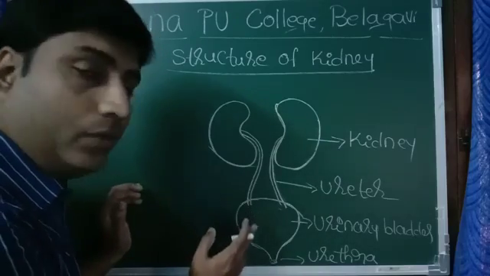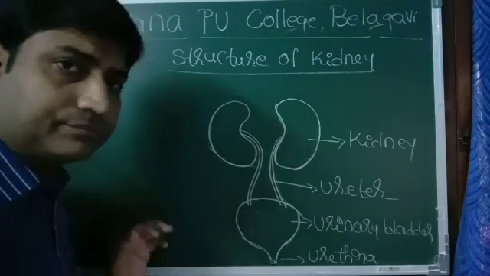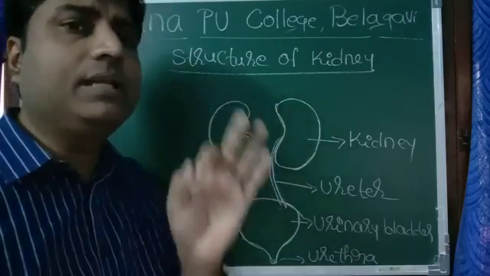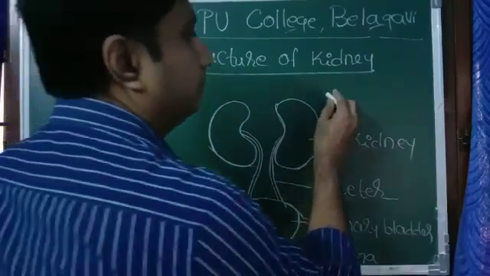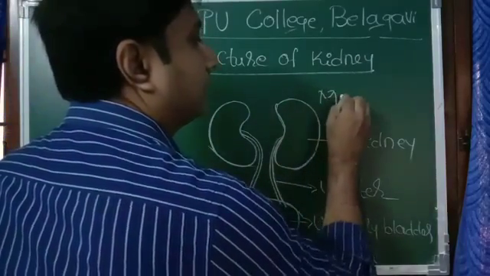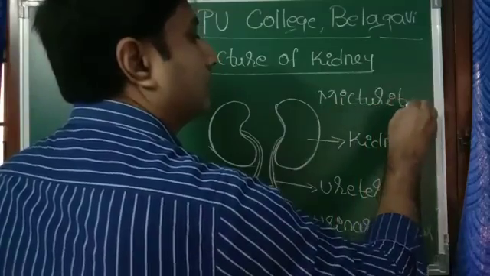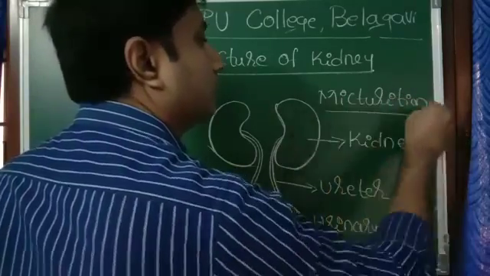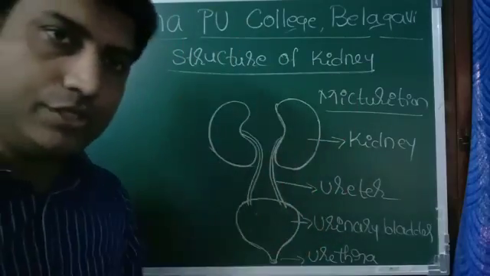Then the urine is released out through the urethra. The act of releasing urine is called micturition.